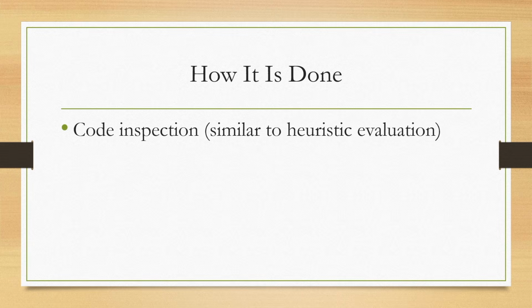One is code inspection, which is somewhat similar to heuristic evaluation that we have earlier seen during our discussion on evaluation of prototypes. Remember, there we mentioned that heuristic evaluation is a kind of checklist type evaluation where we tick from a list after checking the prototype.